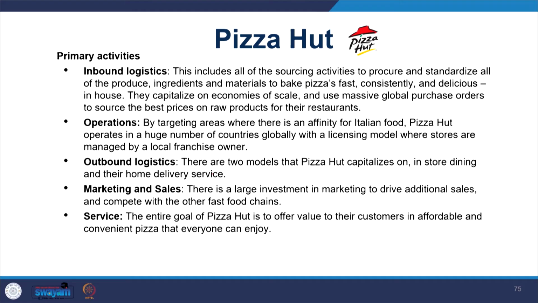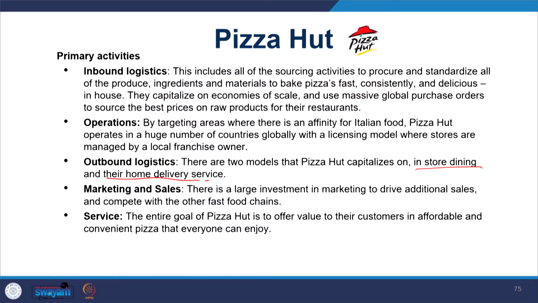Finally, outbound logistics. There are two models that Pizza Hut capitalizes on: in-store dining and their home delivery service. So Pizza Hut tries to optimize on these two models. People would like to visit their store and have their pizza there in the shop, or they would like it delivered; any pizza company follows this model only, right.